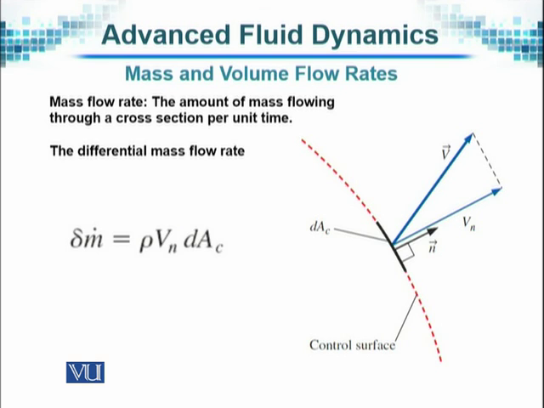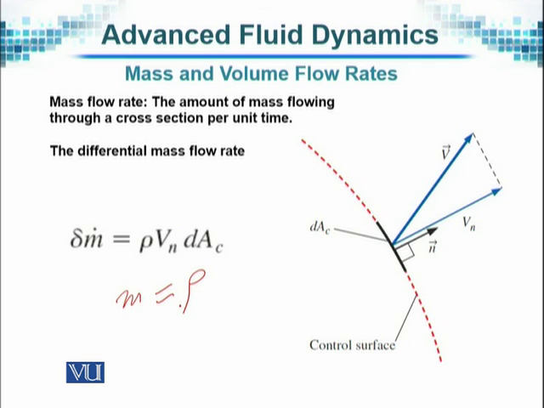So here n is that vector, shown by the hat on top of it, and v is the velocity vector with its components, and the total control surface is drawn by a red line. So obviously mass is equal to rho. What is rho?